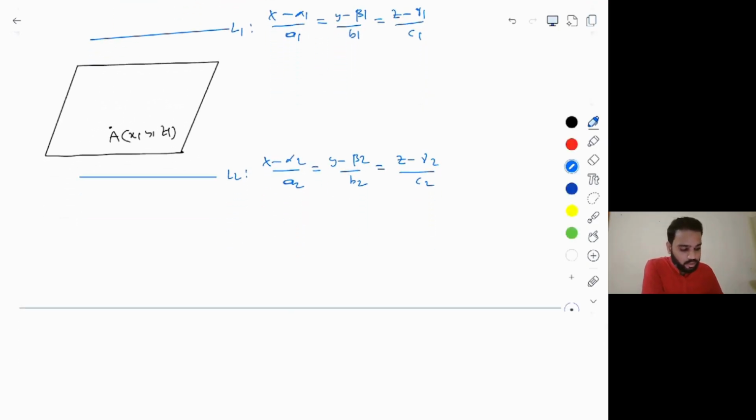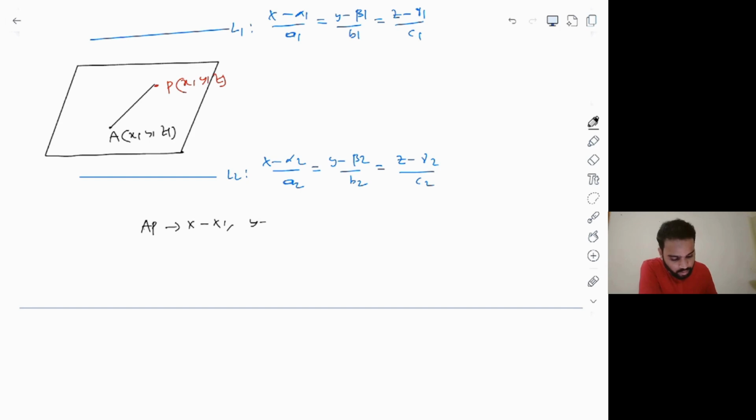And once again, to construct the equation of the plane here, what is our idea? Take the locus point. Let me take the locus point here once again, x comma y comma z. First thing, as usual, we'll take the line AP here. So what are the DRs of this AP? Again, x minus x1, y minus y1, z minus z1.